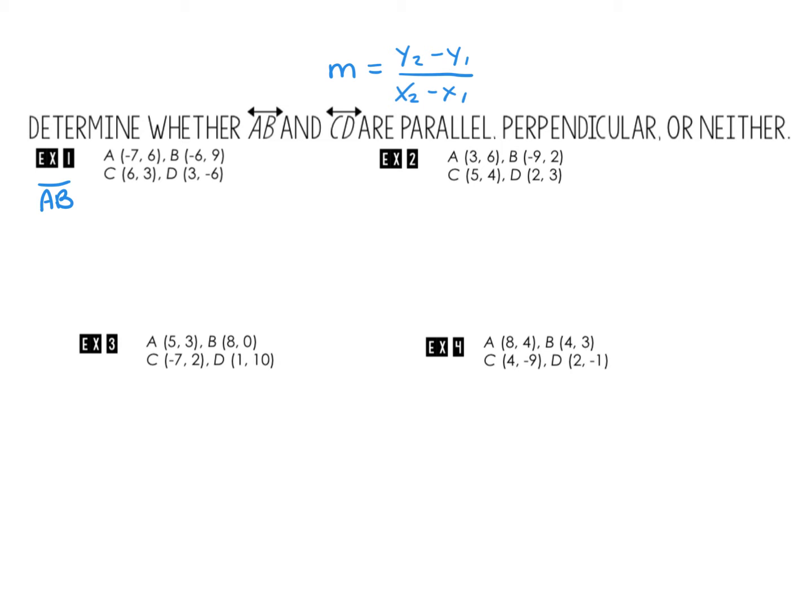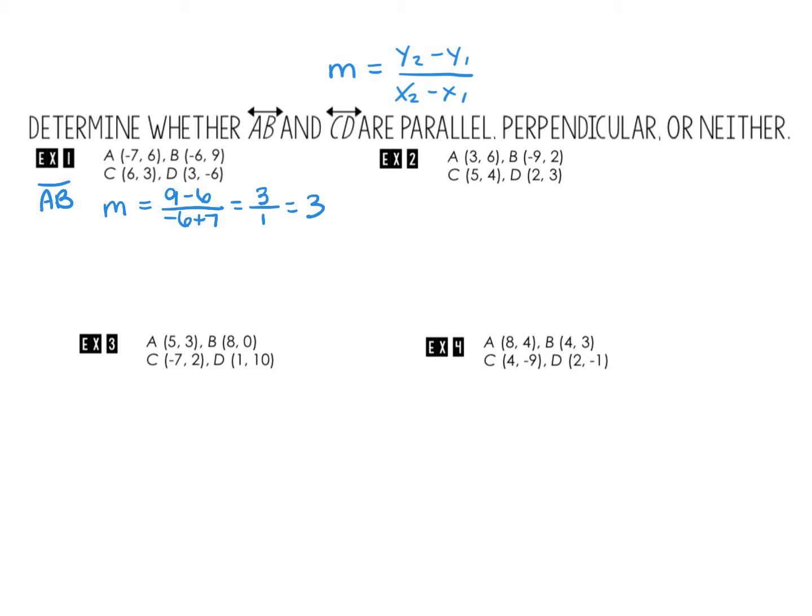All right, so for AB, the slope will be 9 minus 6 over negative 6 plus 7. And remember, when you subtract a negative, that's why it's plus. So 9 minus 6 is 3. Negative 6 plus 7 is 1. So the slope of this line is 3.